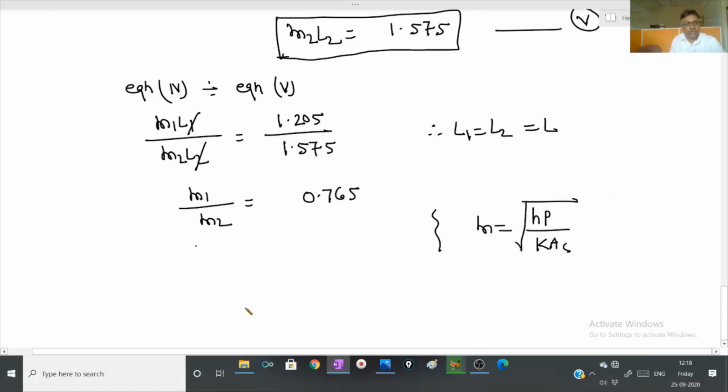Now I can put the value of m, that is nothing but the square root of hP/(kAc). So I can put here the square root of (h P1/(k1 A1)) over the square root of (h P2/(k2 A2)), which is m1/m2.